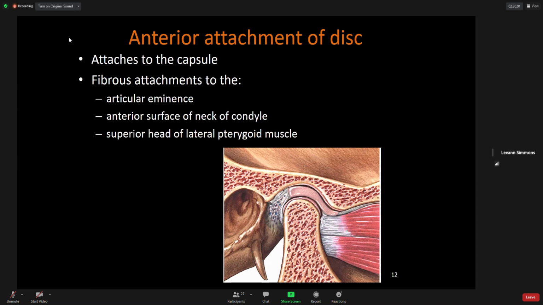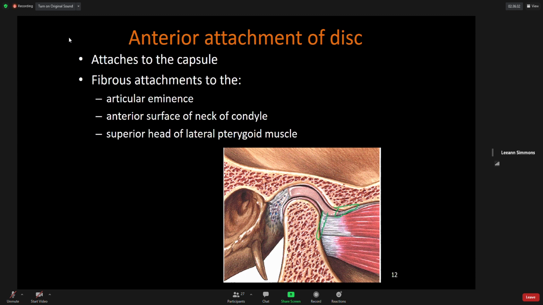Anteriorly, the disc is attached to the anterior aspect of the capsule. It's also going to have this connective tissue attachment to the articular eminence. So here anteriorly, we see this attachment here, the tissue here, the articular eminence. It's going to be attached to the anterior surface of the neck of the condyle here.